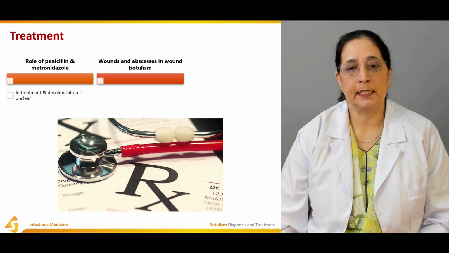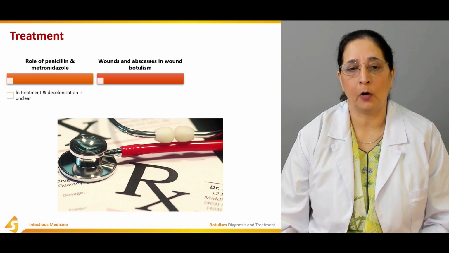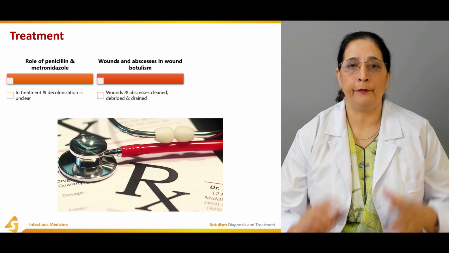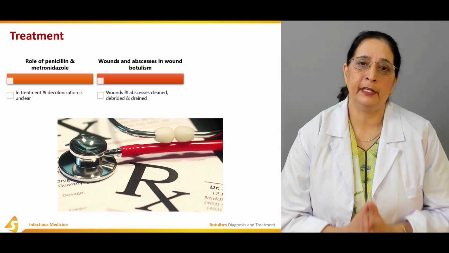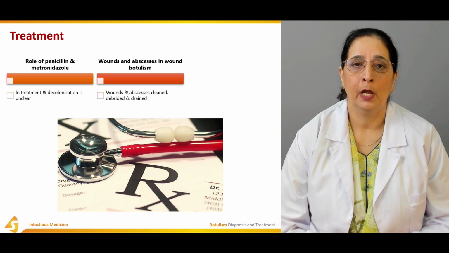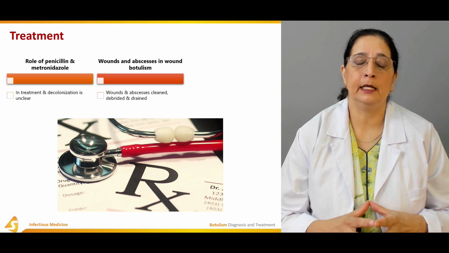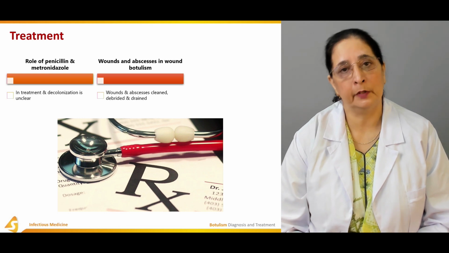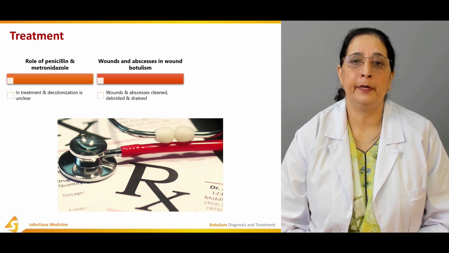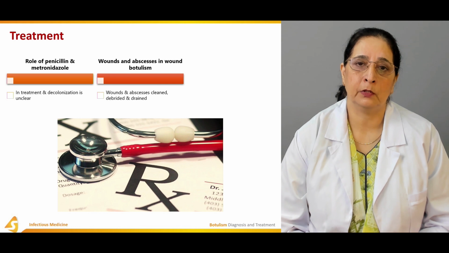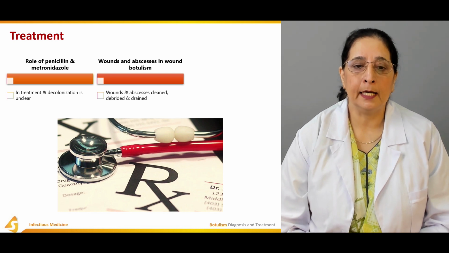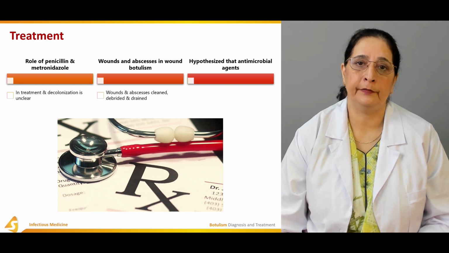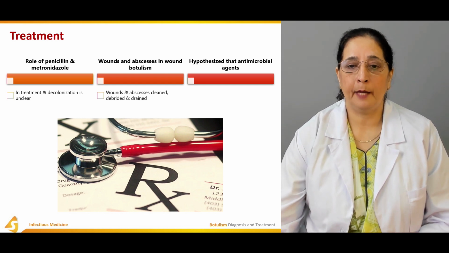Wounds and abscesses in wound botulism: clean, debride, and drain. Debridement of the wound is a very, very important part to prevent the infection that can occur later on in the wound or any burn patient. Debridement is very, very important. So, wound cleaning and debridement, and drainage also if there is an abscess present.